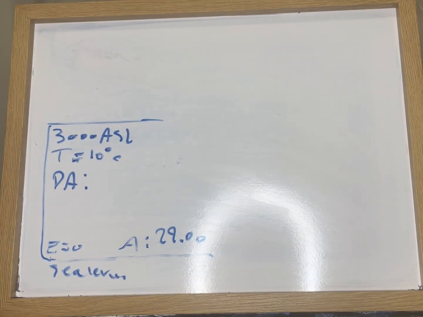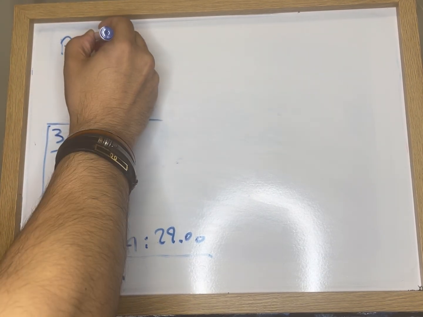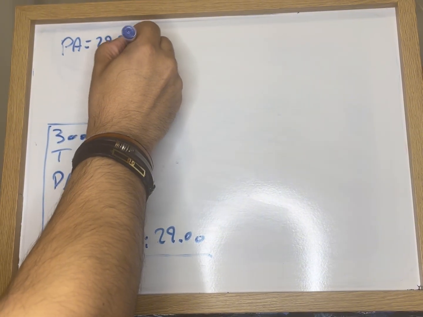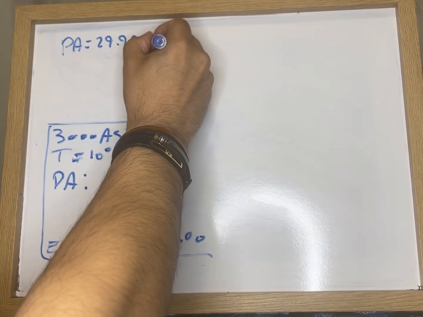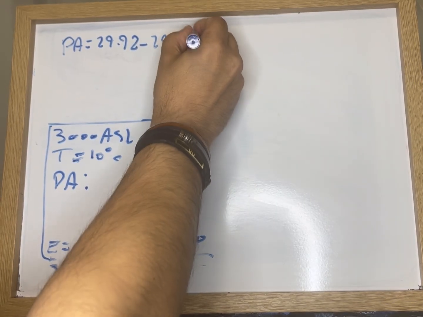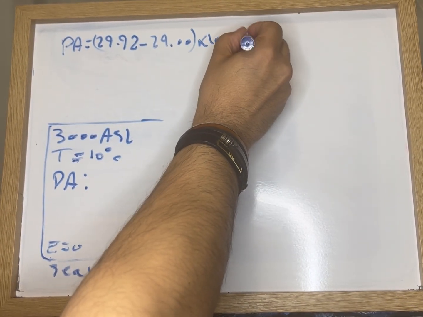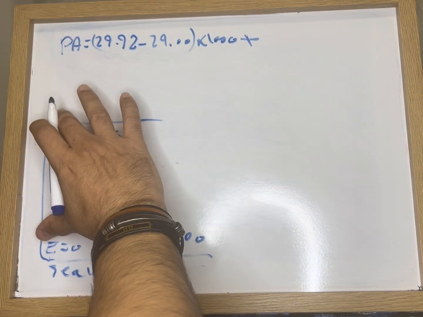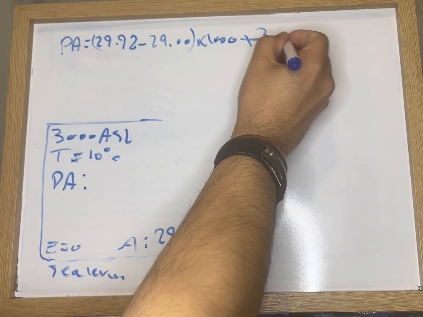As we said, first of all we need to calculate pressure altitude: standard atmospheric pressure minus the current altimeter setting, 29.90, multiplied by 1000 feet, plus elevation or height above sea level. You fly at 3000 feet, right?